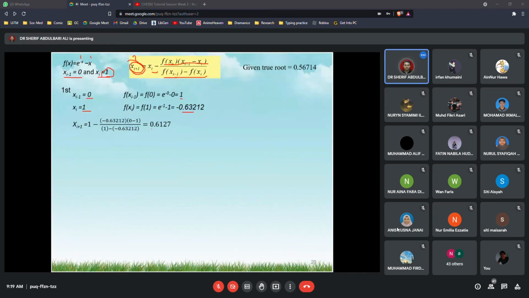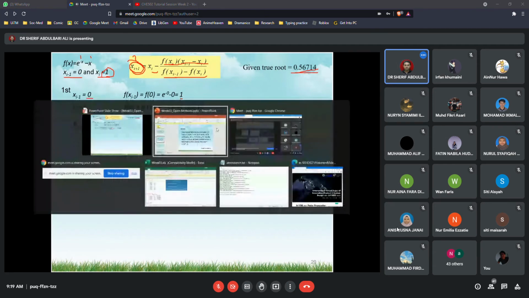So the answer is 0.6127. Okay, I can calculate the error: true value minus the result over the true value. So the answer is 8.0%. Remember, we need to iterate until the error is less than 0.05.